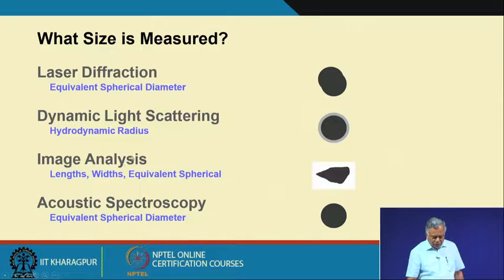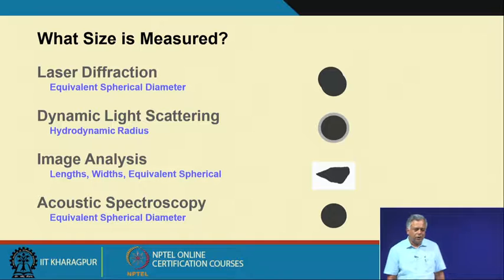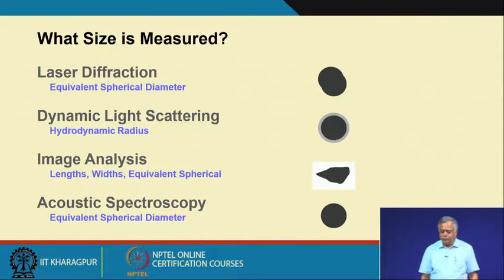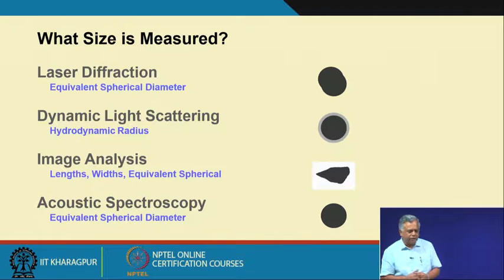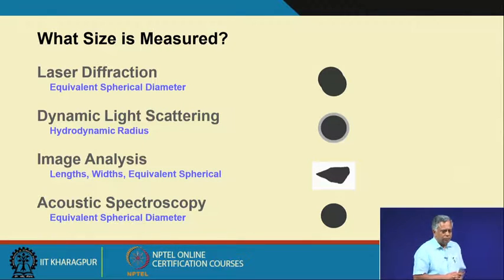Then we have the image analysis technique, which is being used these days in modern mineral processing plants for generating instant information about the particle size ranges being generated in the plant at different locations or by different machines.